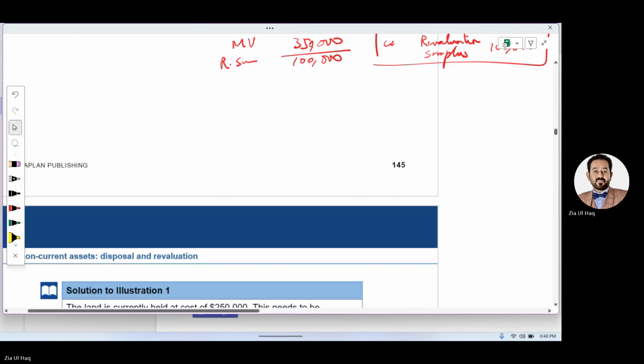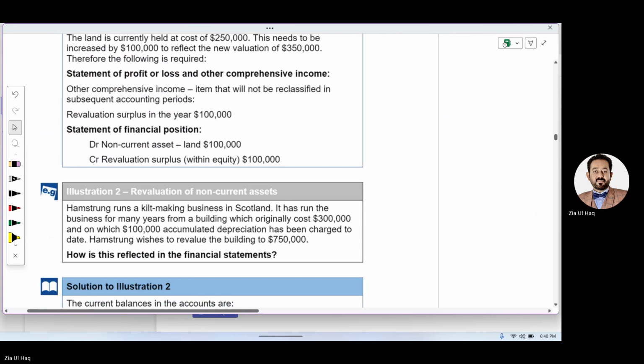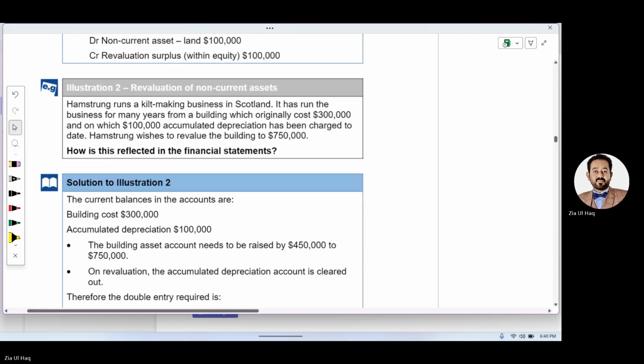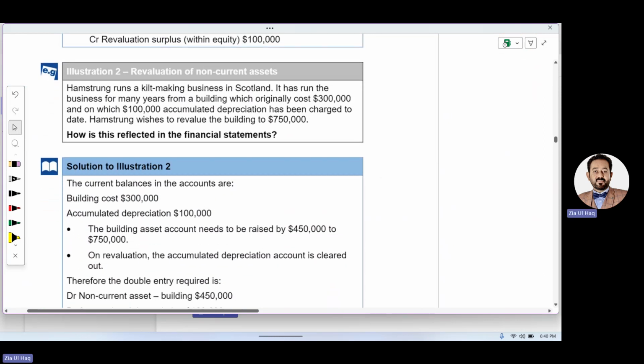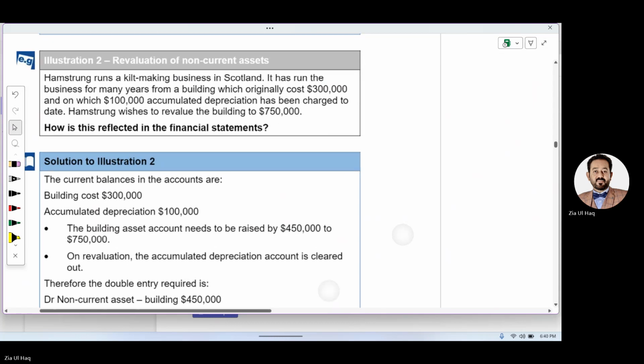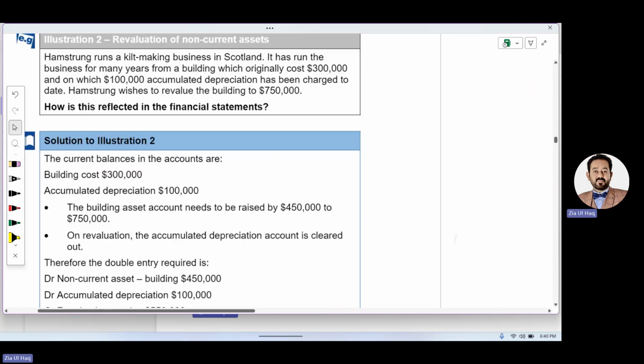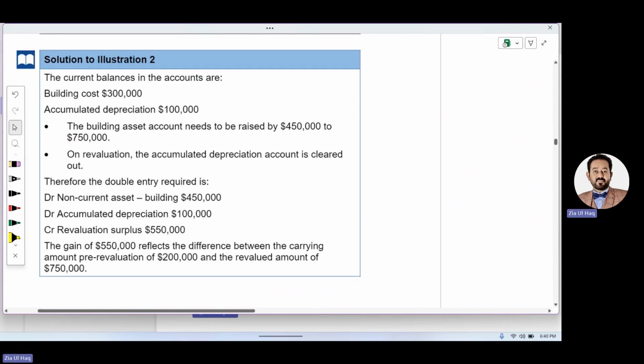Now moving further. Now we are moving towards illustration 2. If the asset is a depreciable asset, what could be the accounting entry?